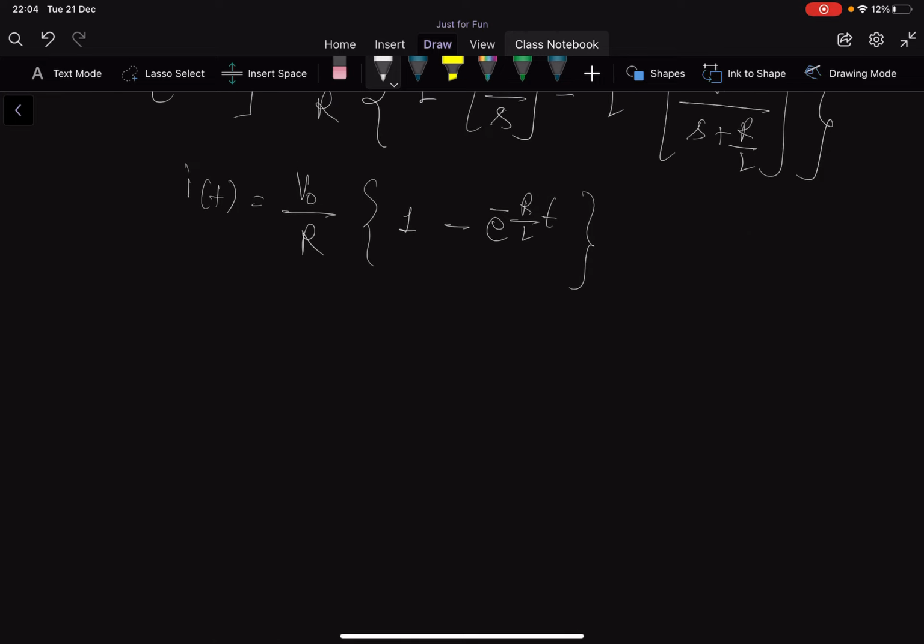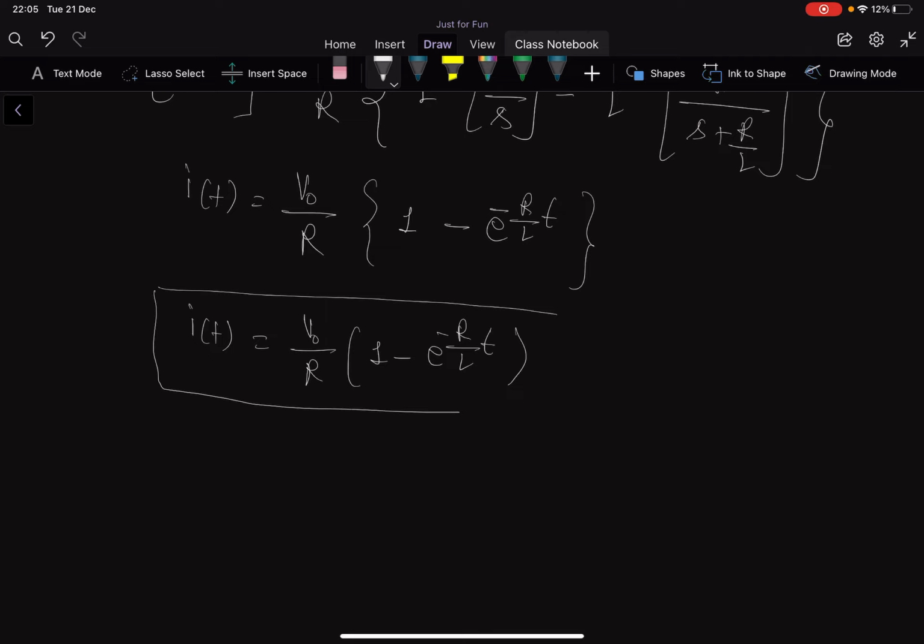And then we can write this in a nice way, which is V naught over R, bracket, 1 minus e power minus R over L t. And you can clearly see that the time constant of the RL circuit is simply L over R. That can be seen from this expression here. The unit is amps.